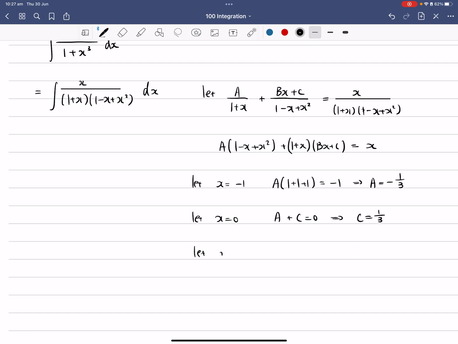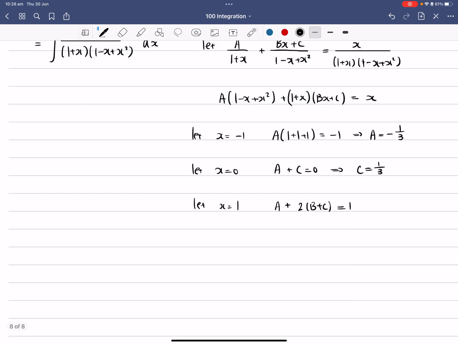For the next one, we don't really have any other options, so we'll just pick an easy number, maybe just 1. That gives you a, and if we put 1 inside, 1 minus 1 plus 1 is just equal to 1, plus 2, and b plus c is equal to 1.